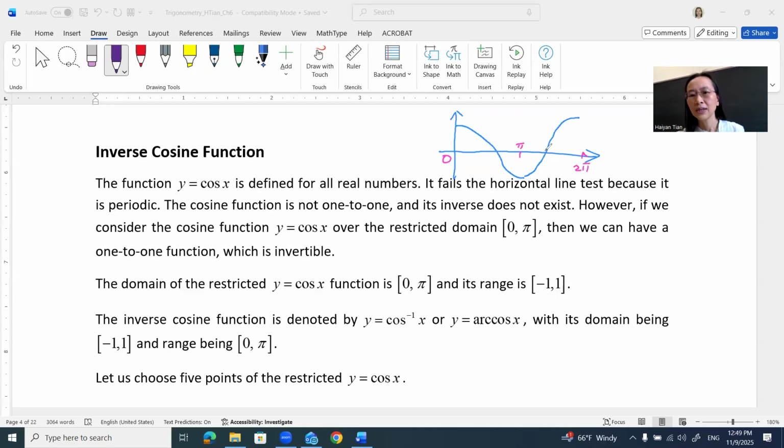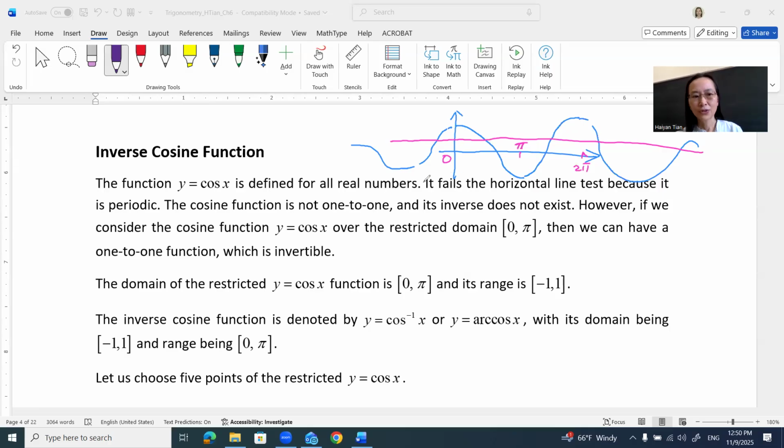Over the 2 pi, it's one period, but you can extend it both ways and we can see more of the cosine function. If you extend it, it will continue this pattern, going both ways. We can draw at least one horizontal line that will intersect with the curve more than once.